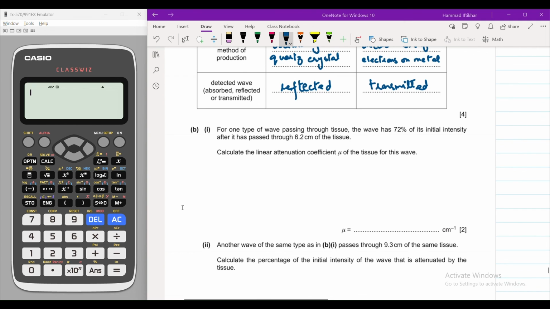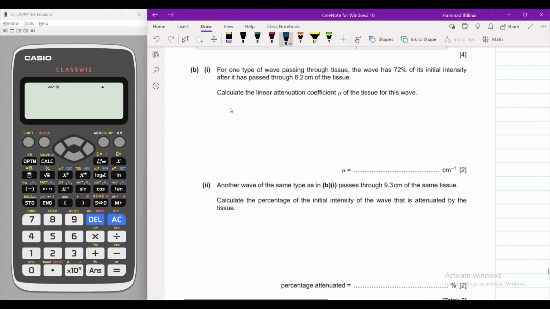Okay, so for one type of wave passing through the tissue, the wave has 72% of its initial intensity after it has passed through 6.2 centimeter of the tissue. Calculate the linear attenuation coefficient mu for the tissue of the wave. So for the linear attenuation, we have I equals I naught e raised to power minus mu x. I over I naught, they have given us 72%, so that is 0.72. That is equal to e raised to power minus mu x, where x is the depth.